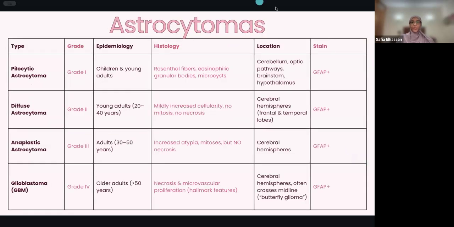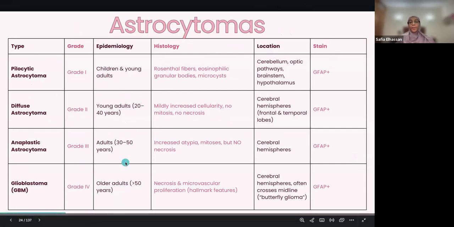So let's start with astrocytomas. Astrocytomas are the most common type of glial brain tumors. That's the classification in which astrocytomas, oligodendrogliomas, and ependymomas fall under. And there are 4 grades, and these grades are basically how well differentiated the tumors are, the histopathology, and how aggressive they are.